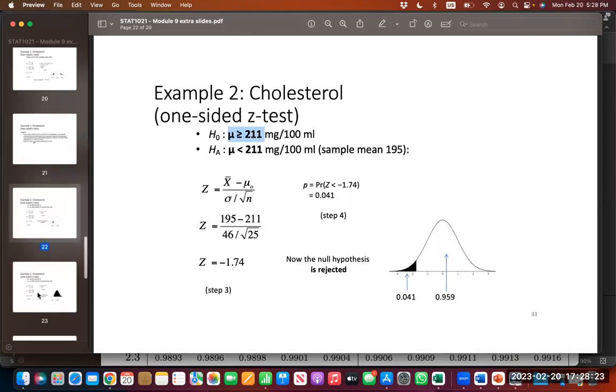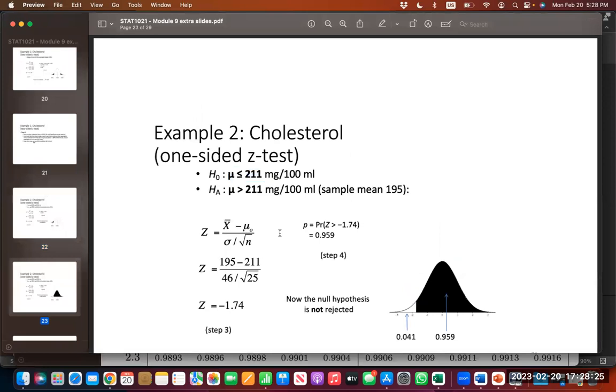On the opposite end, if you have a null hypothesis where you basically say that the sample mean is smaller or equal to the cholesterol in the population, and your research hypothesis points towards the sample mean being greater than this 211, your research hypothesis basically fills now everything above your calculated set score.